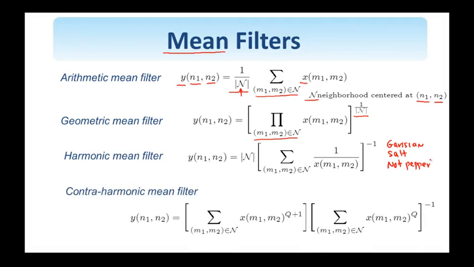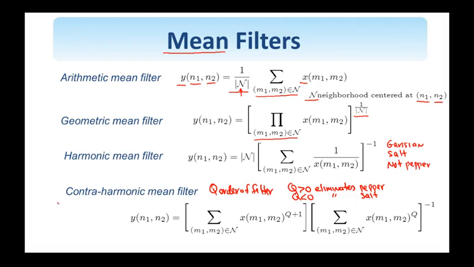The final filter is the contraharmonic mean. Q is the order of the filter. This filter for Q greater than 0 eliminates pepper type of noise, and for Q less than 0 it eliminates salt, but it is not clearly able to eliminate both at the same time.